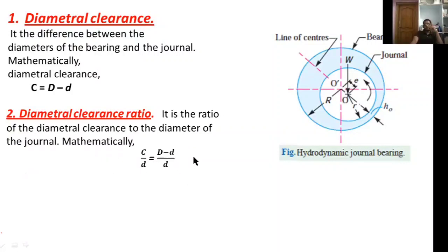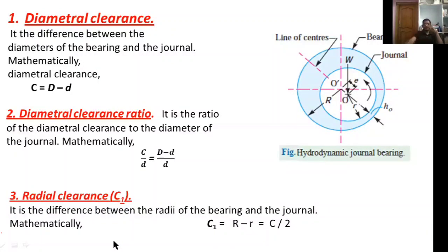Mathematically it is capital C by small d, where capital C is the diametral clearance and small d is the diameter of the shaft. So capital C by small d equals capital D minus small d divided by small d. This is the mathematical expression for diametral clearance ratio.